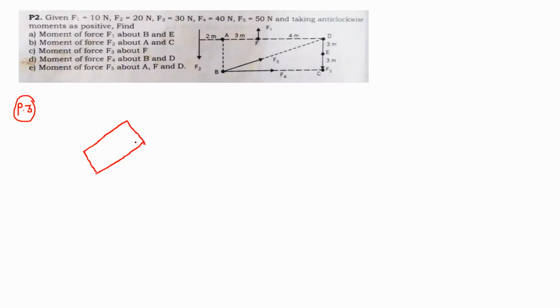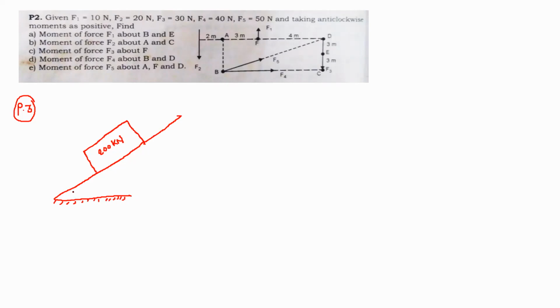So this is one block. Its weight is 200 kilonewton. It is kept on an inclined plane. So this is the inclined plane, and this is your horizontal line. You can consider this line as the x direction.